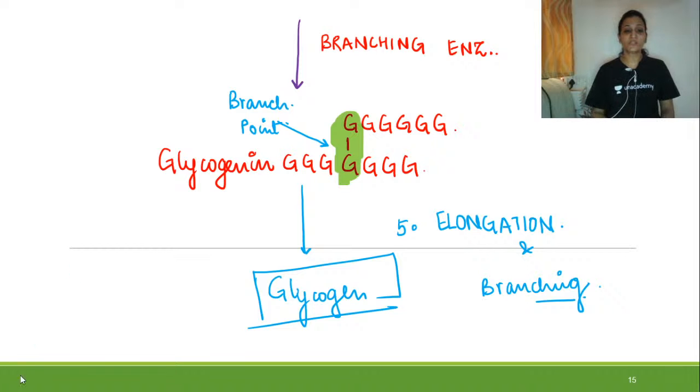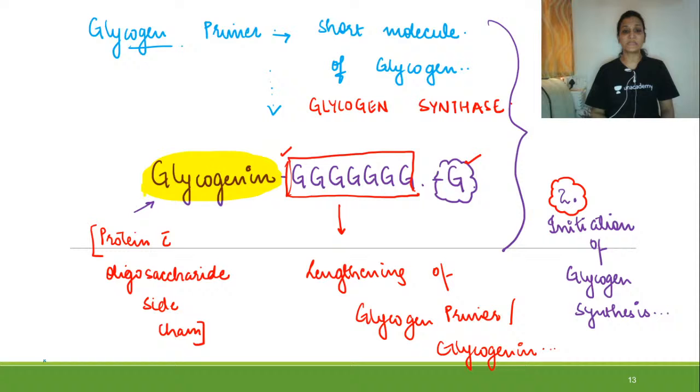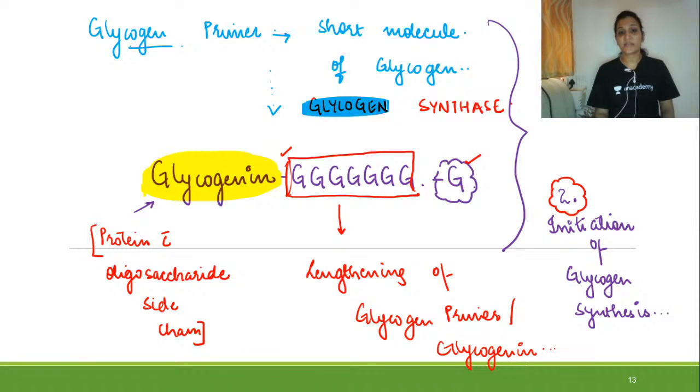Now the key enzyme of this process is glycogen synthase. It is the enzyme acting in the very first step, whenever there is addition of glucose to glycogenin. Glycogen synthase is the key enzyme of this process, and it is active in the dephosphorylated state.